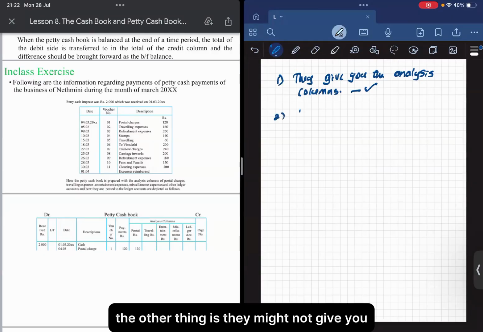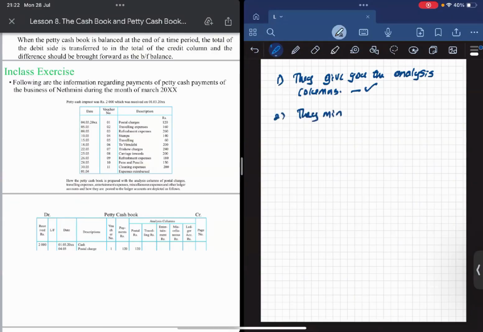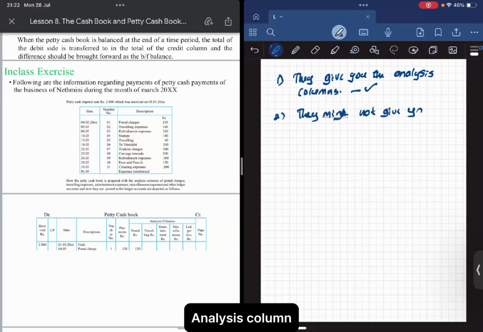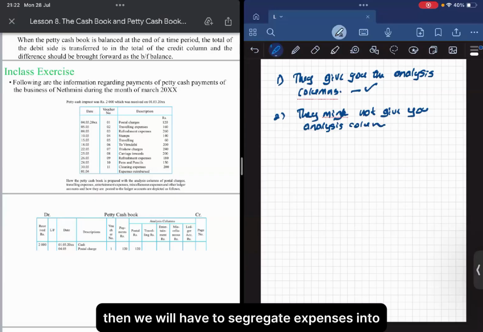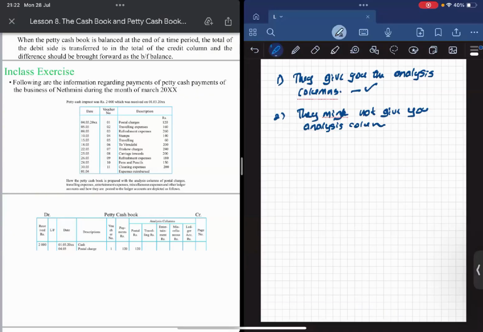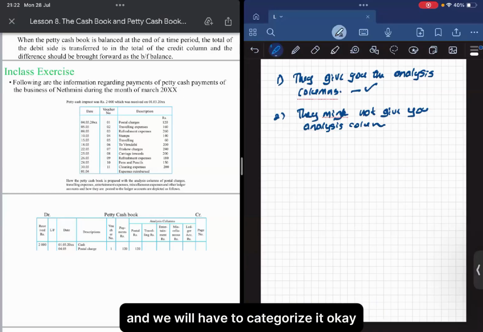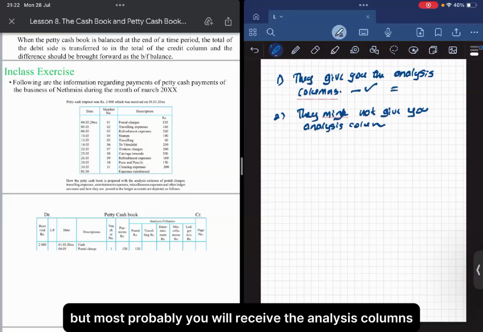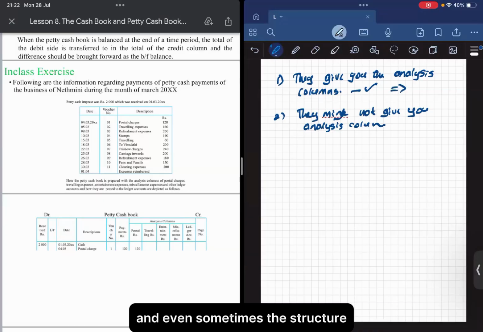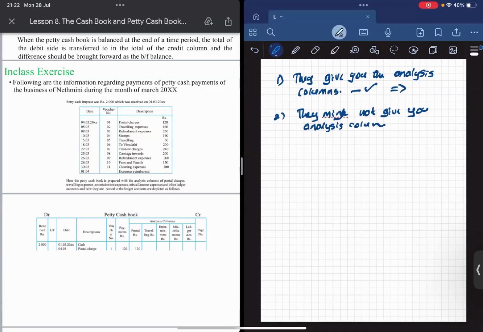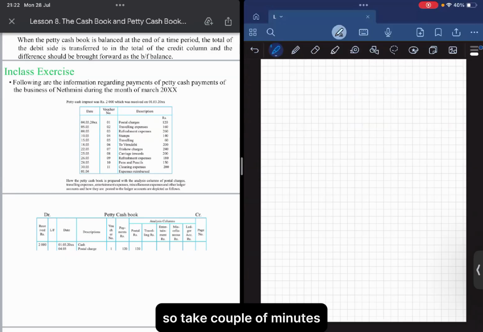The other thing is they might not give you analysis columns. Then we will have to segregate expenses into different analysis columns. We will have to read it out and categorize it. But most probably you will receive the analysis columns and even sometimes the structure, and it could be just filling the gaps.